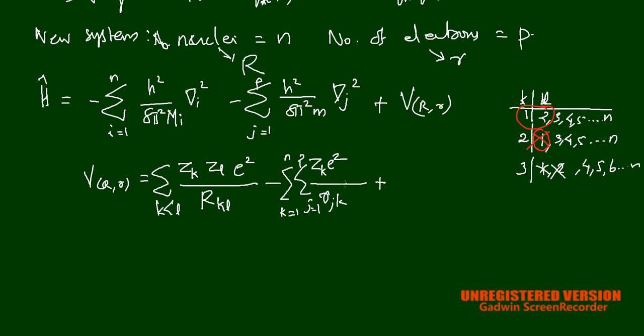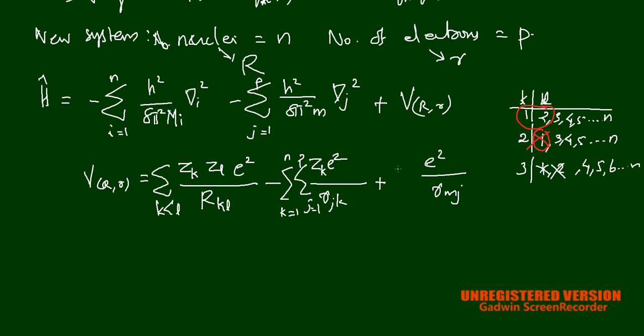The last one is the repulsive potential energy due to electron repulsion. That is E square, the charge of the electron multiplied by the charge of the other electron, divided by the distance between the two electrons. Let me write it as Rmj, the distance between the mth electron and the jth electron, and we have to do this for all.